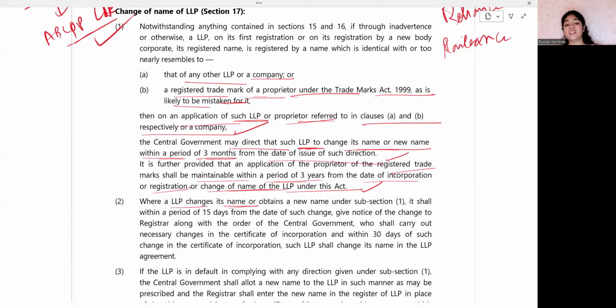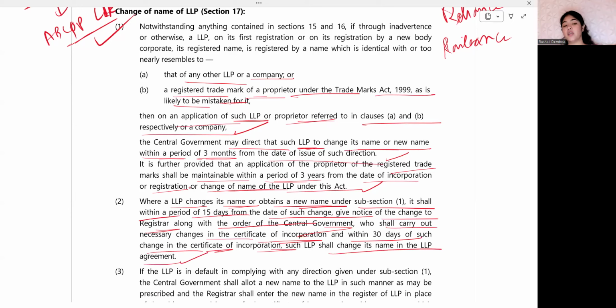Where a LLP changes its name or obtains a new name under subsection 1, it shall within a period of 15 days from date of such change give notice of the change to registrar along with order of central government, and shall carry out necessary changes in certificate of incorporation within 30 days of change in certificate of incorporation. Such LLP shall also change its name in LLP agreement.